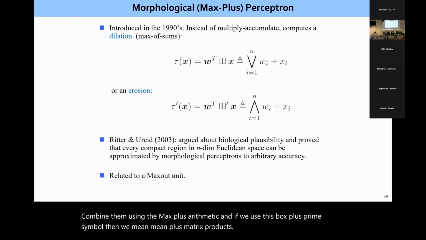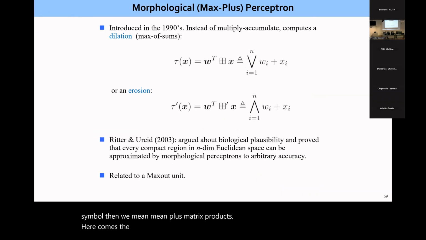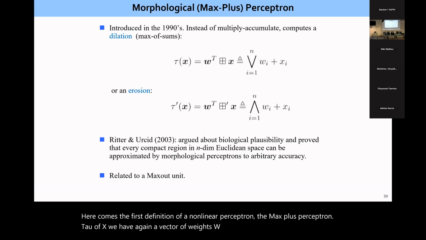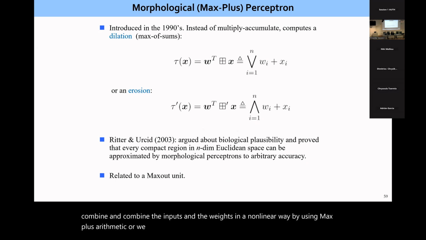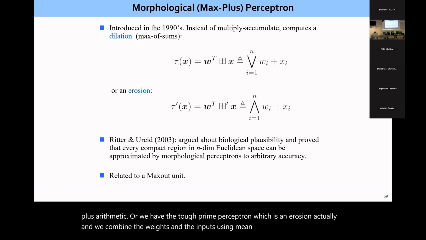Well, here comes the first definition of a nonlinear perceptron, the max plus perceptron. Tau of x, we have again a vector of weights W, we have a vector of inputs x, and we combine the inputs and the weights in a nonlinear way by using max plus arithmetic. Or we have the tau prime perceptron, which is an erosion actually, and we combine the weights and the inputs using min plus arithmetic.